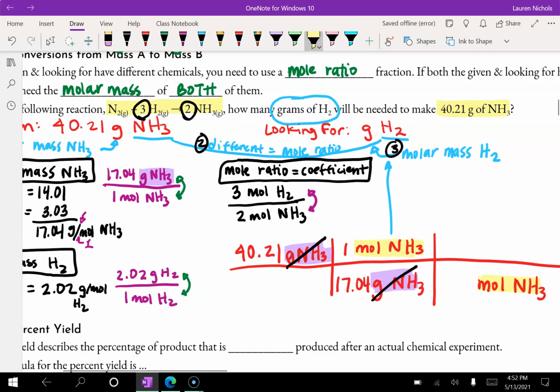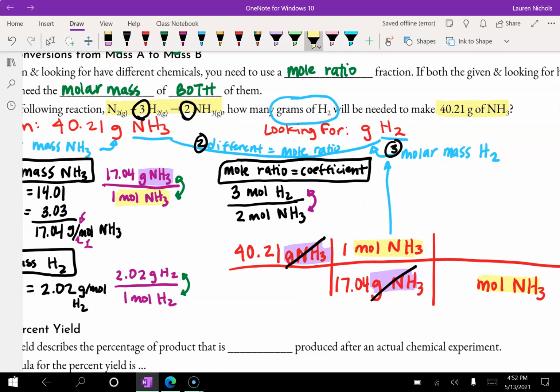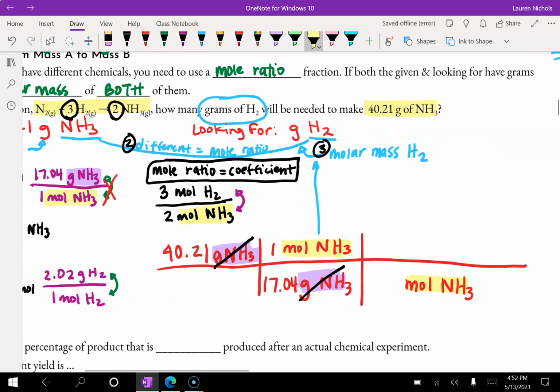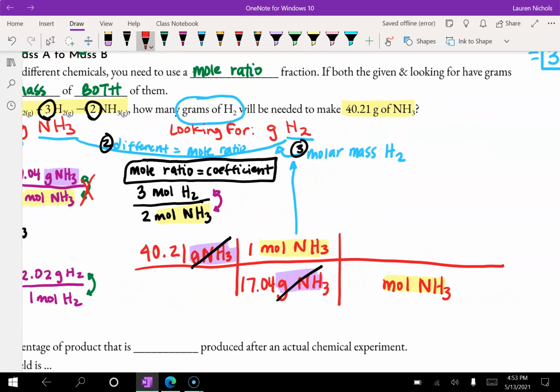Now, I do see moles of NH3 here. However, we have already used that. So I can't actually use it again. So I need to find moles of NH3 somewhere else. And I see that it's right here in my mole ratio, and I haven't used that fraction yet. And it's already at the bottom, so I don't even have to flip it. So we put 2 moles of NH3 at the bottom and our 3 moles of hydrogen at the top.